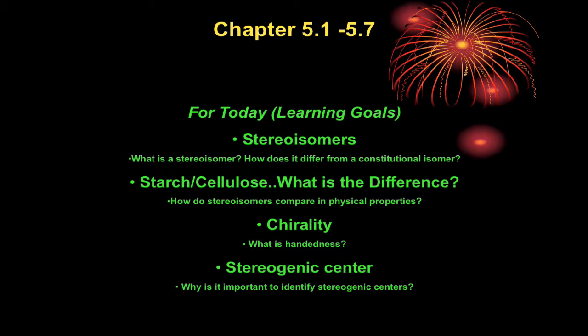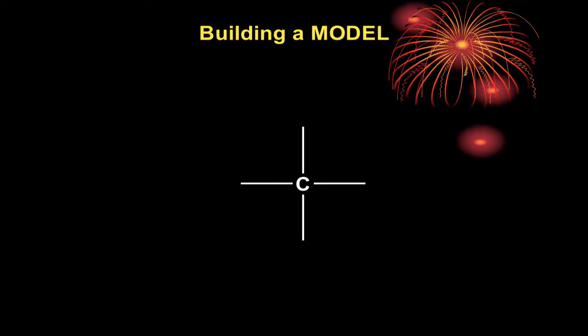And then we'll talk about handedness or chirality. Okay? Molecules can have a handedness, just like our right hand is not the same as our left hand, even though they look very similar in a lot of respects, right? Molecules can also have this so-called handedness. And then we'll talk a little bit about what's called a stereogenic center, or a chiral center, as a lot of people call it. Okay?